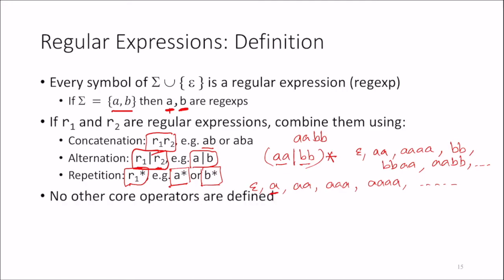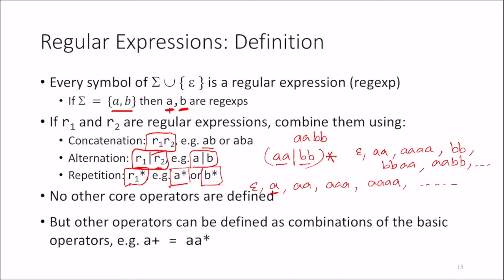And there are no other core operators that are defined, so you don't need any more operators to define the set of regular expressions. But in practice, and when we're writing lexical analyzers, it's often useful to take combinations of some basic operators.